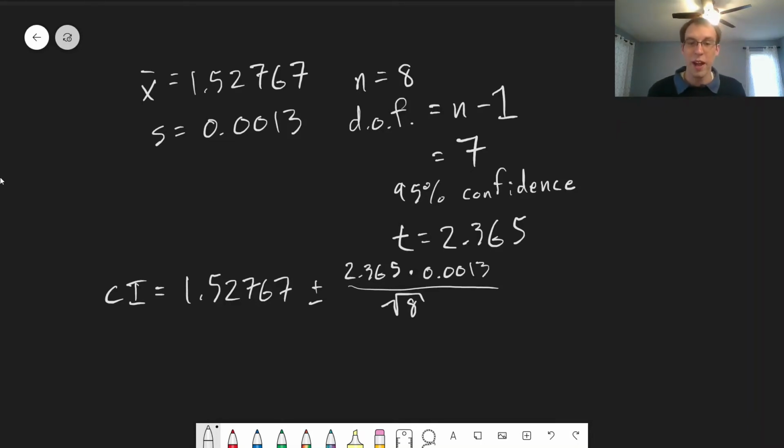One thing to keep track of here is that the square root is for all the measurements, n equals 8, whereas the degrees of freedom will be n minus 1. So something to keep track of here. Let's go ahead and multiply this out.